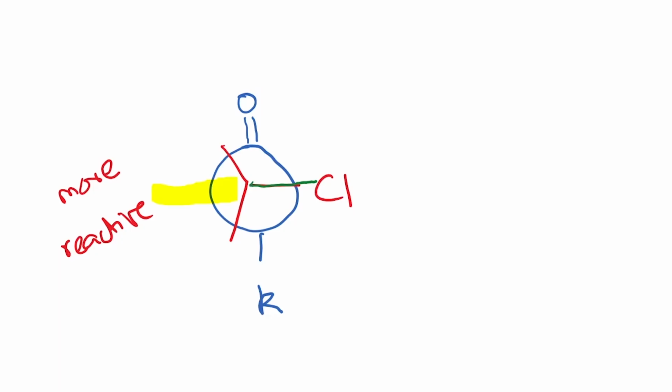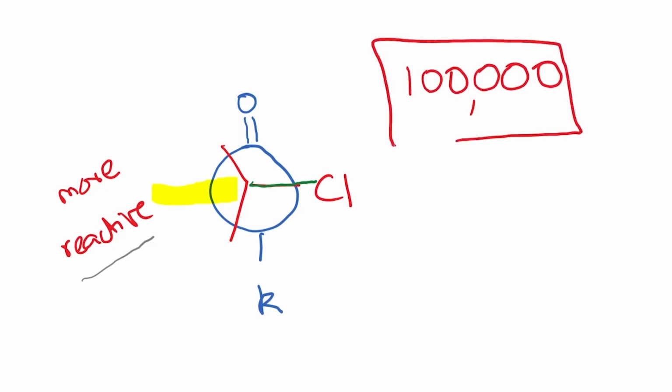So of the various conformations of this compound, this is the more reactive conformation, and its rate of reaction is substantially higher than the other conformations. So this is how we understand the 10,000 or 100,000 fold increase in rate of the nucleophilic substitution reaction.